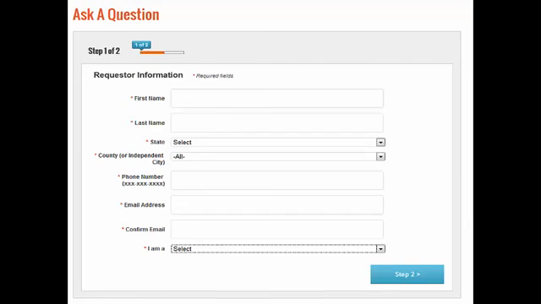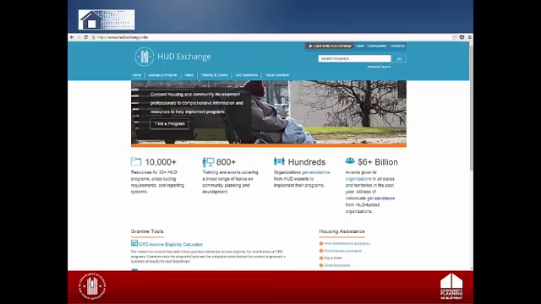In addition to the Ask a Question function, you can obtain further information or assistance on a variety of HUD programs and initiatives from the HUD Exchange by searching the Resources Library or requesting technical assistance.